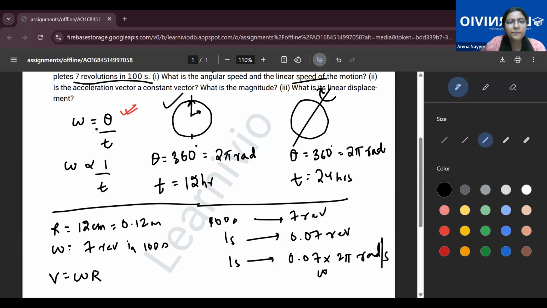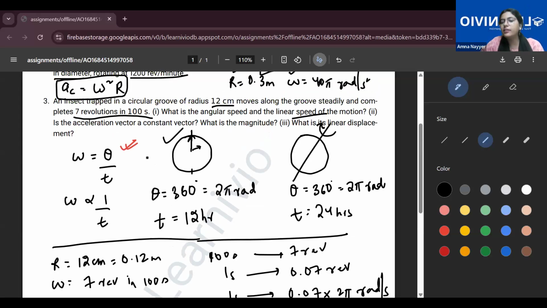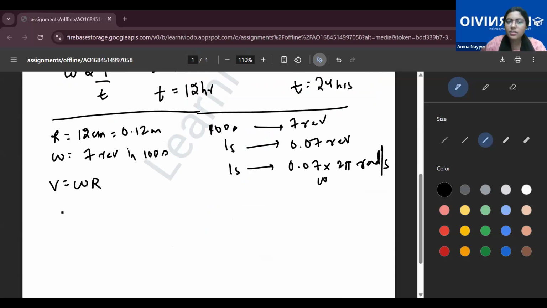Is the acceleration vector a constant vector? What is the magnitude? Omega is constant, it is not changing, so the acceleration magnitude is also constant. What is its linear displacement? You have the velocity. Is the time given? 100 seconds is the time. Calculate the displacement.